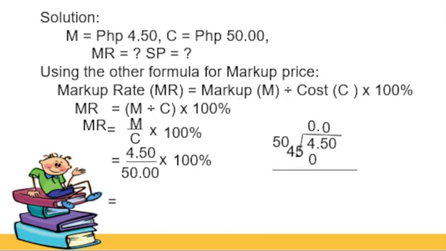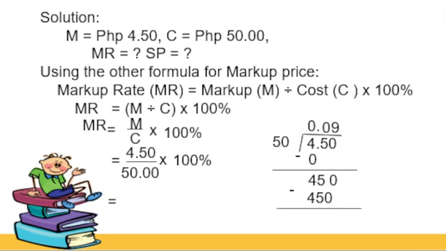So that will become 45. Then bring down 0. So that is 450. So 450 divided by 50 is 9. And then 9 times 50 is 450. And then subtract. So the result is 0.